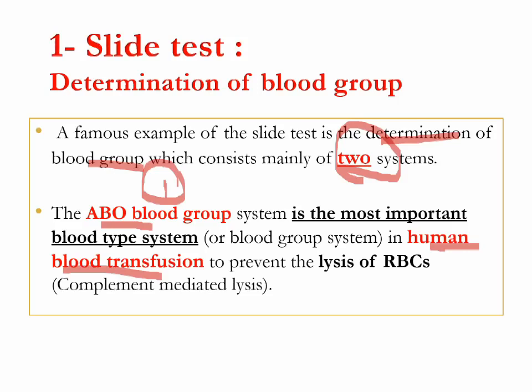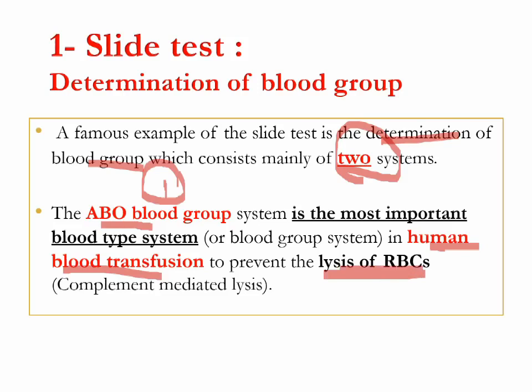In this case, you have to make sure that you are transfusing compatible blood, or a blood that matches his own blood. You cannot transfuse any blood type to any blood type. You must make sure that the donor blood type is compatible with the recipient blood type. Otherwise, if they are not matching, lysis of the donor red blood cells will occur.